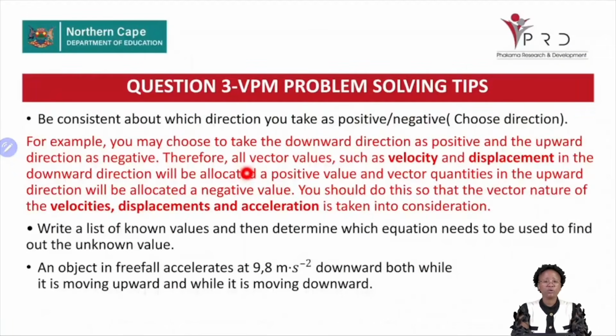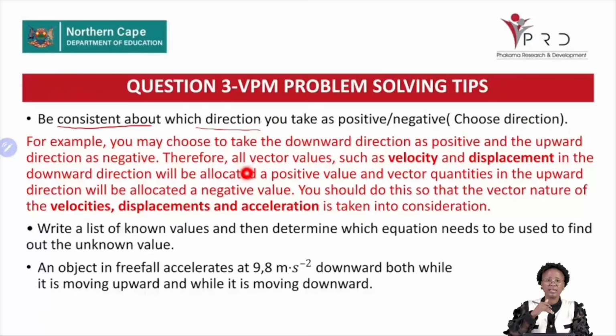Now, the other thing that I want to give you is the problem solving tips. What is it that you need to do as you go through practicing previous question papers when it comes to calculations under vertical projectile motion? One, you need to be very consistent with the direction that you are choosing. If you are choosing downwards as positive, please make sure that you become consistent throughout the question.